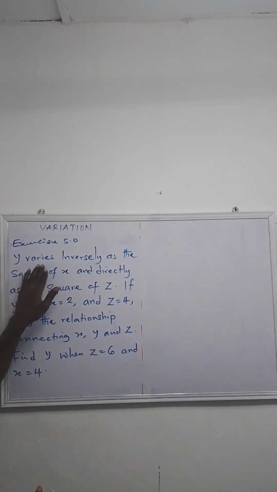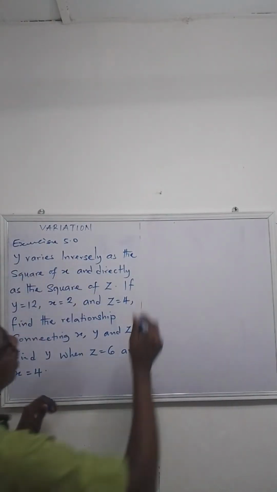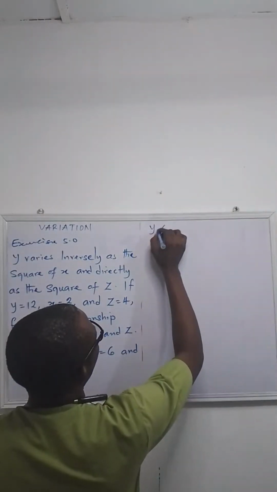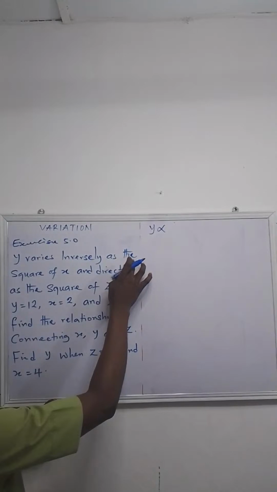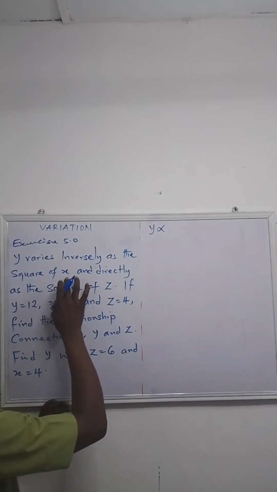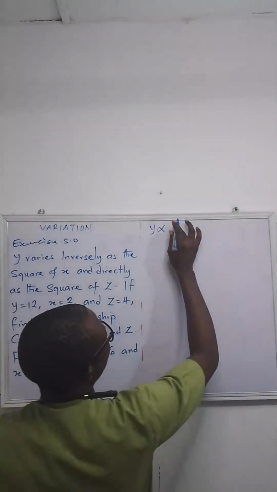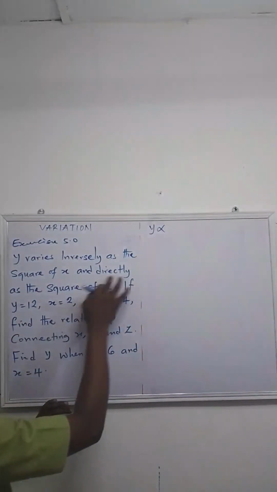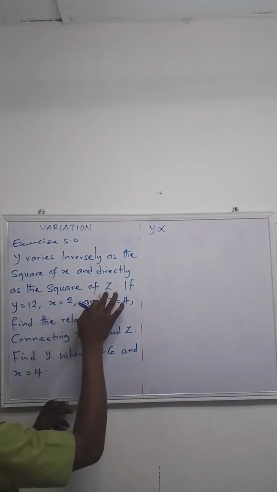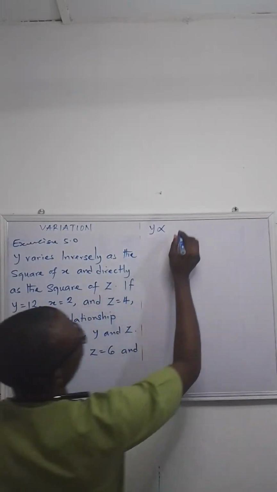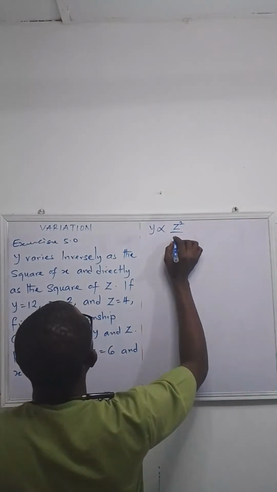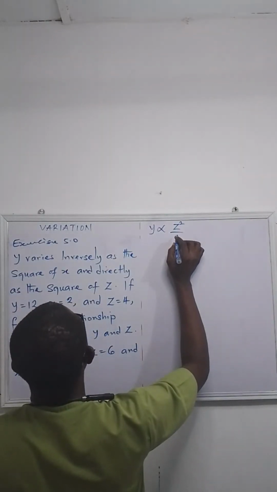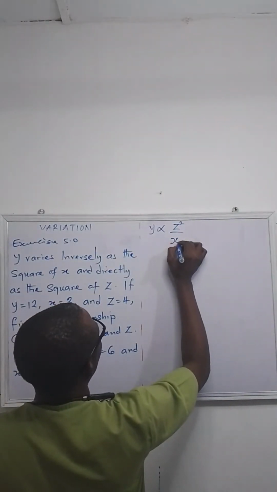So now, let's interpret this question. y varies inversely as the square of x, and directly as the square of z. So that means I have z squared over x squared.